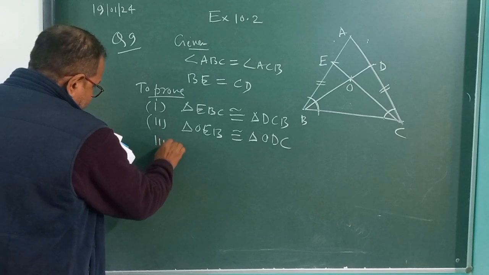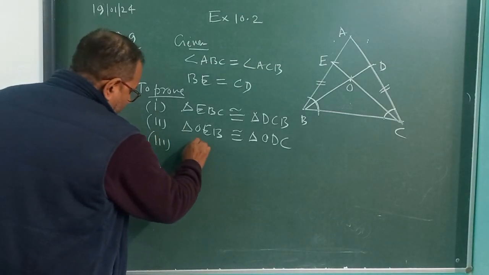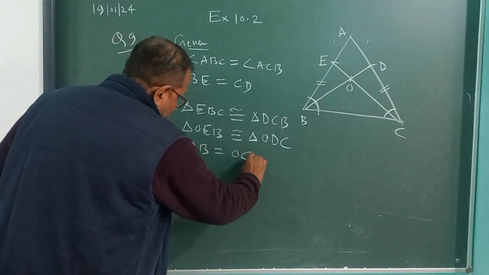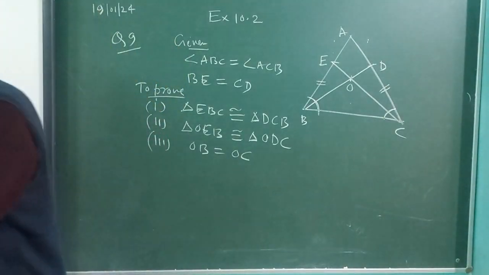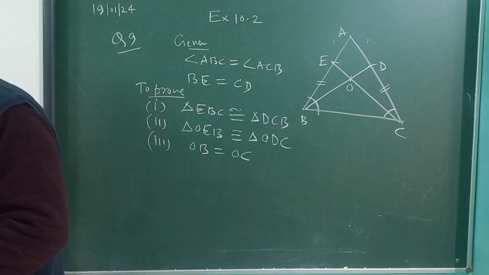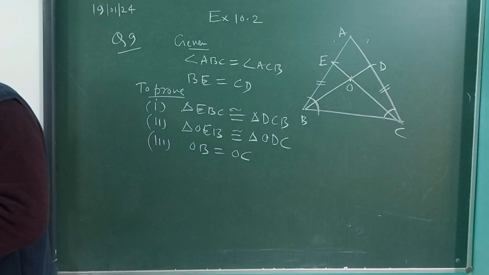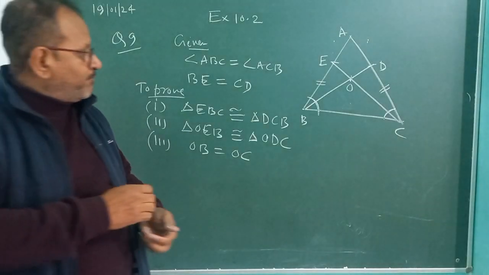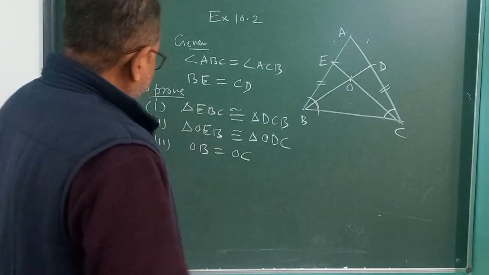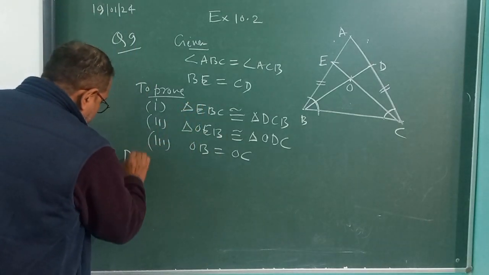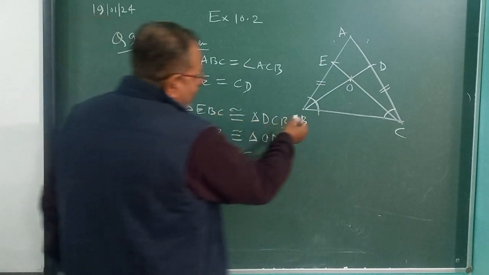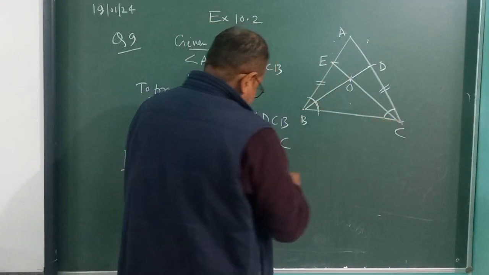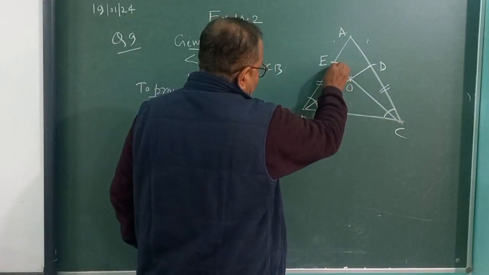And third part, OB is equal to OC. These three results we have to prove. So see how we will prove it. First one, in triangle EBC, this one, EBC.